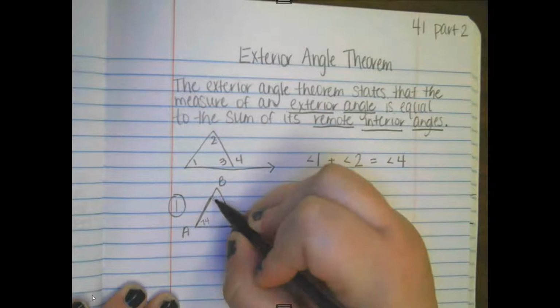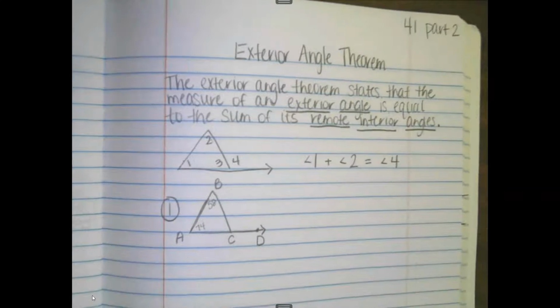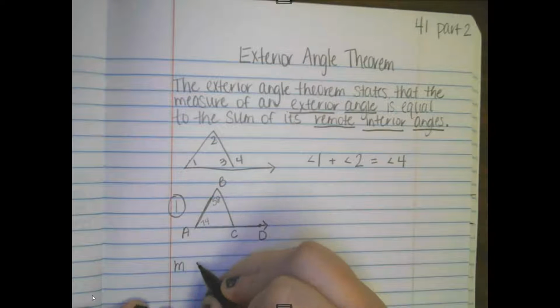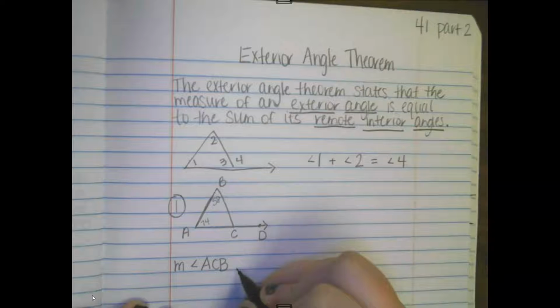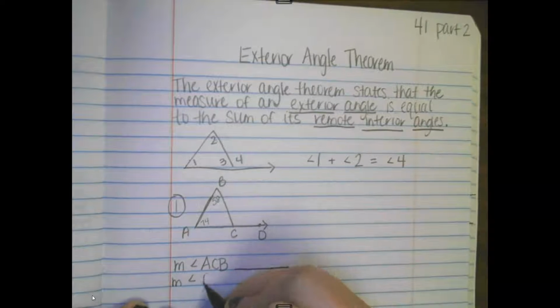This angle is 58. If I'm going too fast on the drawings, I encourage you to pause it. All right, so it asks us to find the measure of angle ACB and the measure of angle BCD.